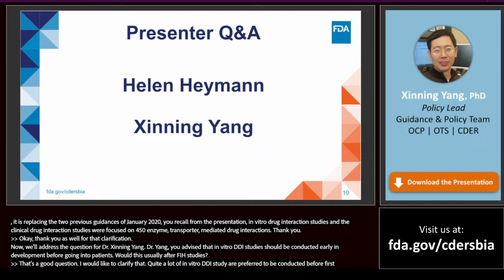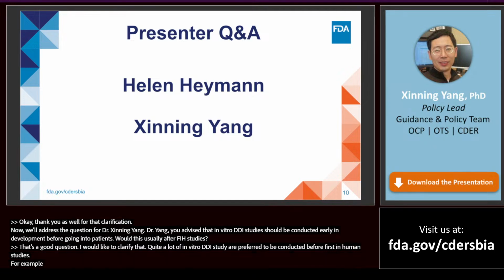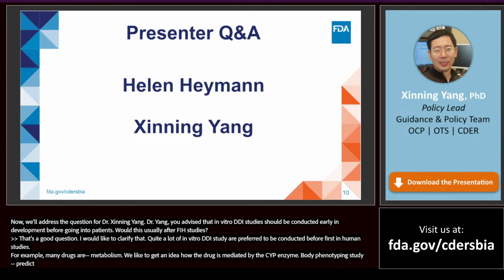For example, many drugs are eliminated by metabolism, so we would like to get an early idea about how the drug is eliminated by CYP enzymes. So the metabolic phenotyping studies are usually conducted early, and this is also useful to help predict the PK of the drug, which will help to decide whether a drug will be brought into the clinical studies, including first in human studies.